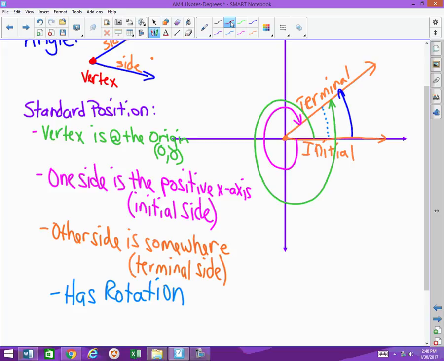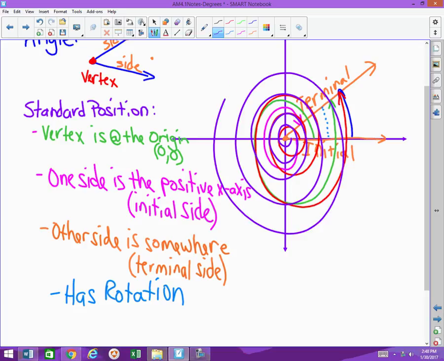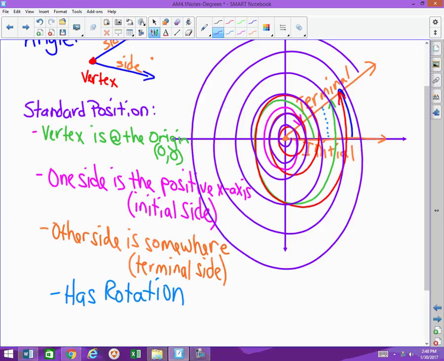Or possibly we could have an angle that starts here, goes all the way around that many times, and then stops there. Similarly, it could be one that starts here and goes around and then stops there.